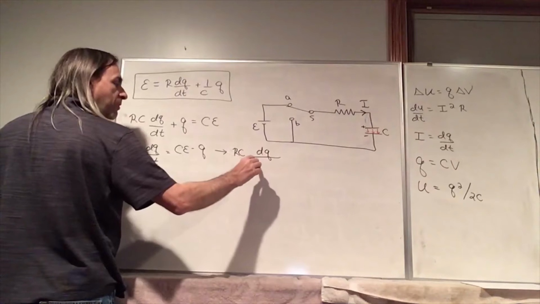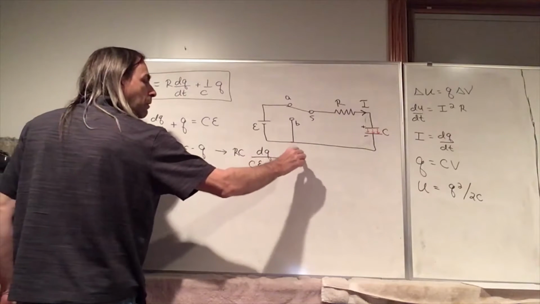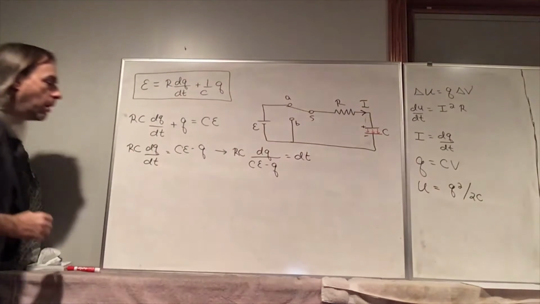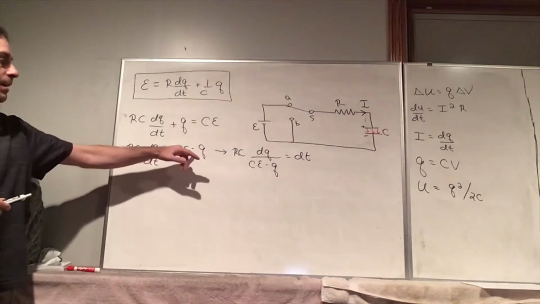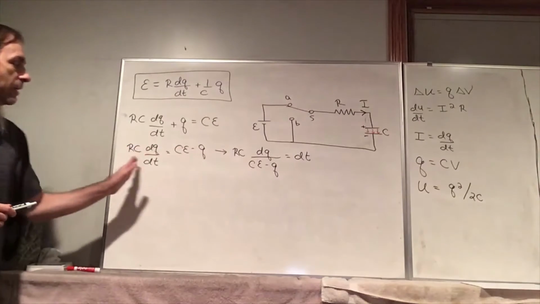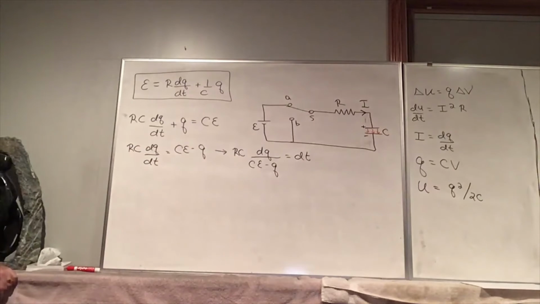So we're just going to move some things around. Okay, so we basically divide by C epsilon minus q, and then multiply by dt. And now we can integrate this.